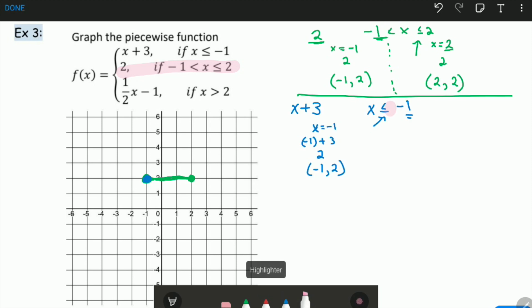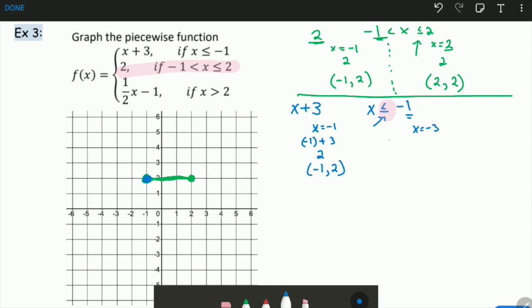Since it's x less than or equal to negative 1, I need to make sure I choose an x value that meets the condition of x being less than or equal to negative 1. A good x value to use, I'm going to go with x equals negative 3.